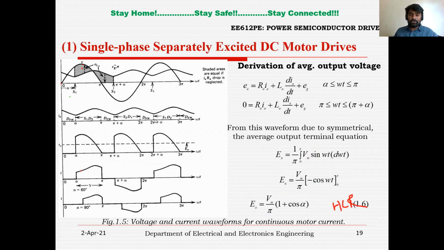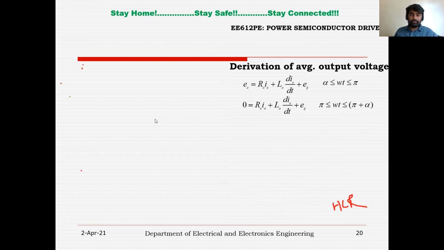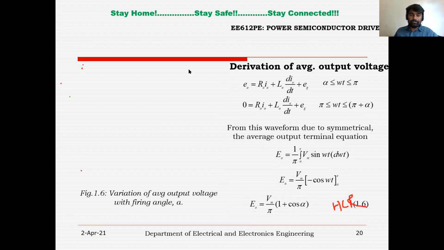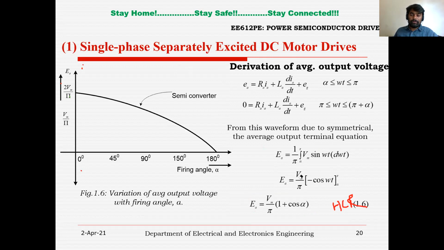Now let us go to the variation of the output voltage with the firing angle alpha. In this expression, if I substitute alpha equals 0, cos 0 is 1, 1 plus 1 is 2, so it is 2Vm by pi.